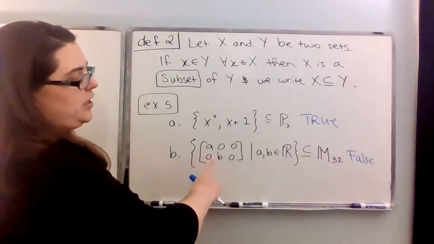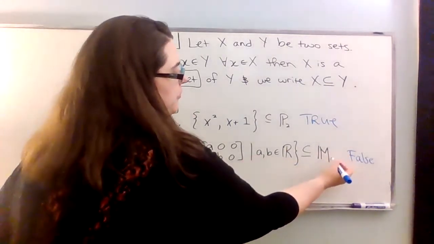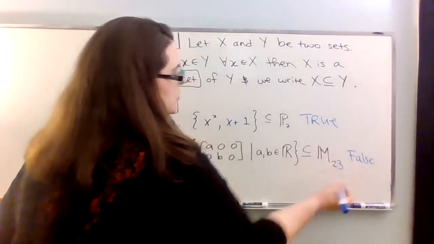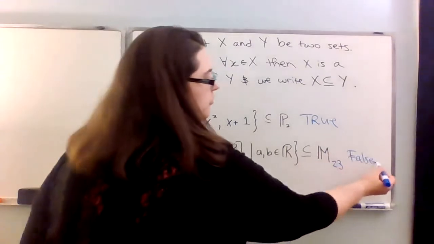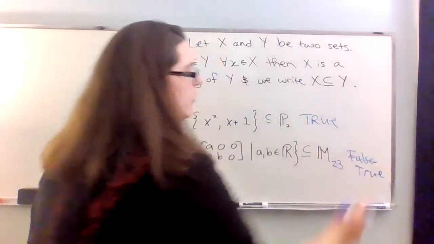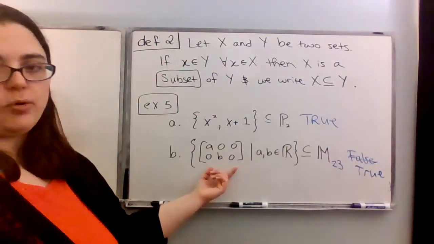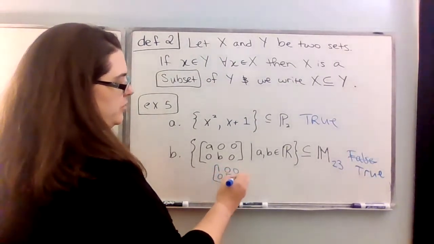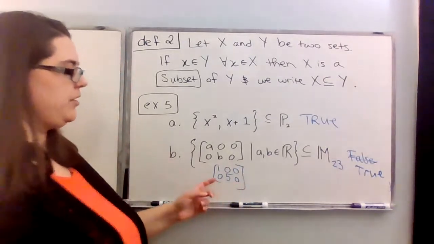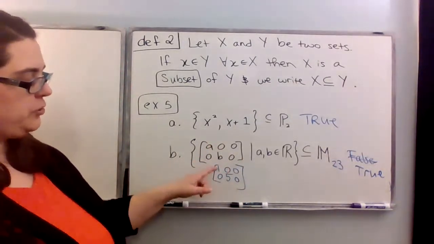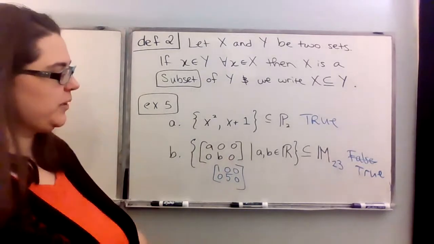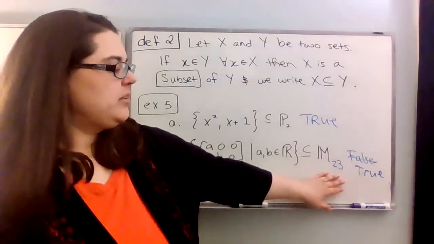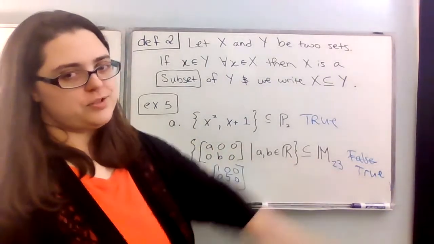If it had been 2, 3, then it would have been true, because every matrix that has this form, things like 1, 0, 0, 5, 0, 0, so anything that has zeros everywhere except for these two places, is what's contained in this set. And that is a subset of M23, but not M32, because 3, 2 is the wrong dimensions.